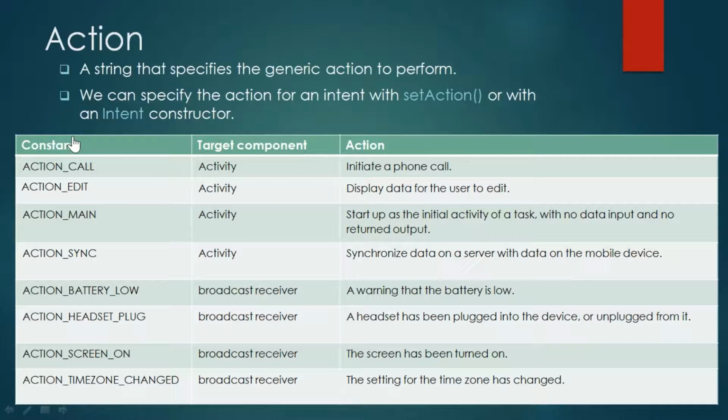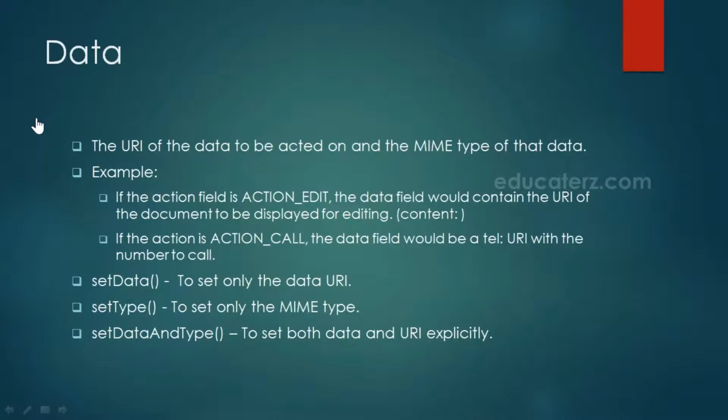The next application component is data. It is the URI of the data to be acted on and the MIME type of the data. For example, if the action field is action edit, then the data field would contain the URI of the document to be displayed for that particular editing.